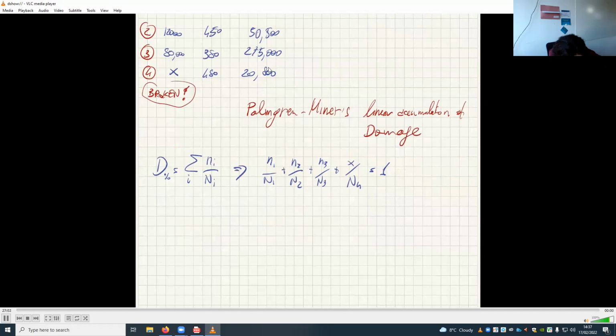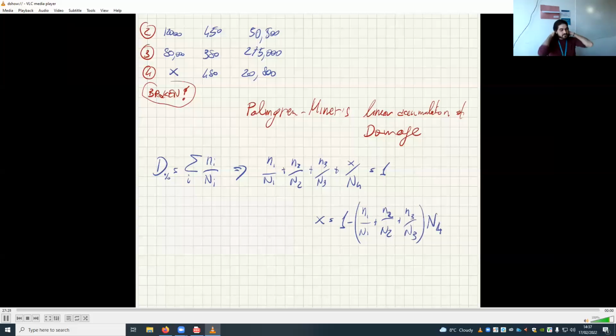And so you can say that X equals 1 minus n1 over N1, minus n2 over N2, minus n3 over N3, and this is all times N4. Something like this.